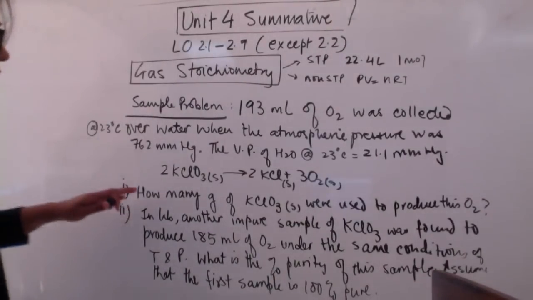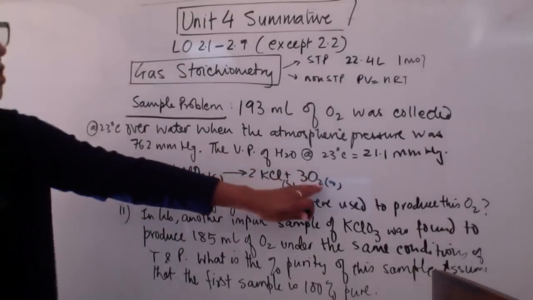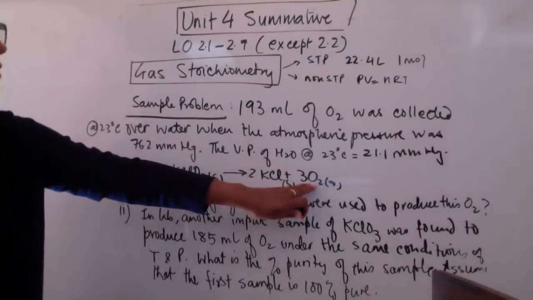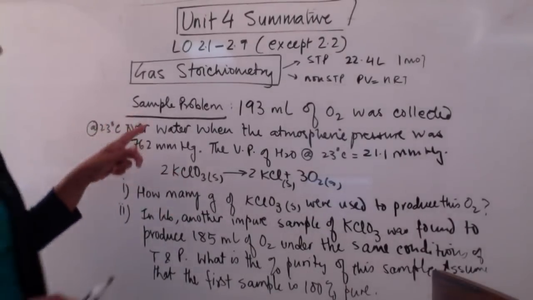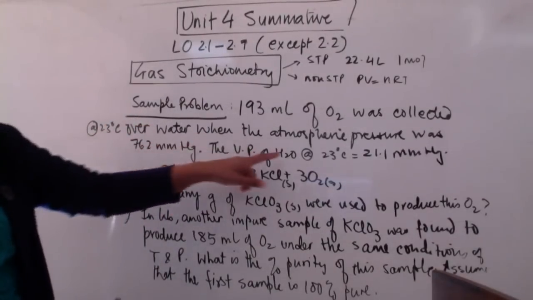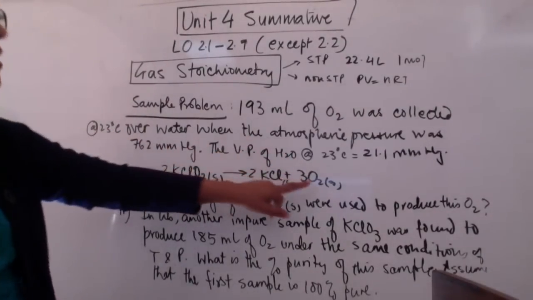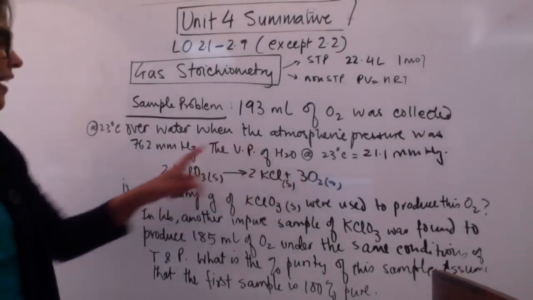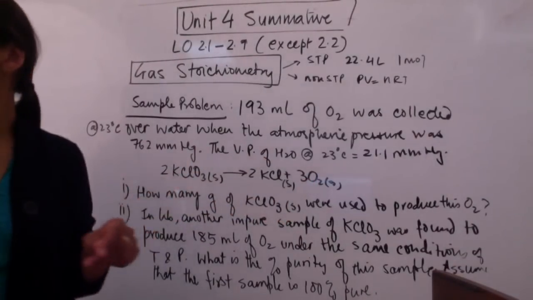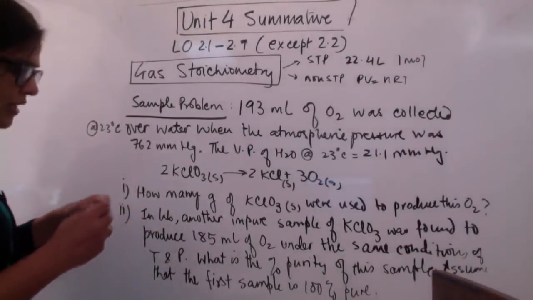In the first part, they collected the gas, oxygen, over water, and using the data from here, they want us to get the grams of KClO3. We know when we collect gas over water, we have to subtract the vapor pressure of water from there. And then using the moles, you can get moles of KClO3 from there. Okay? All right.